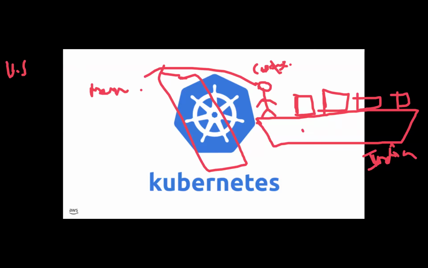Why are they stopping there? To pick up new passengers, or to drop some passengers, or to drop any cargo that is there. Yes, as you said, you drop some cargo.